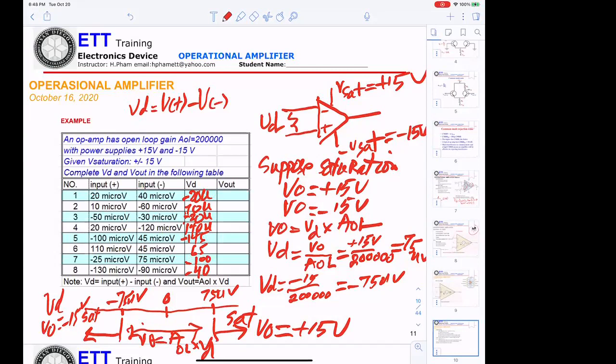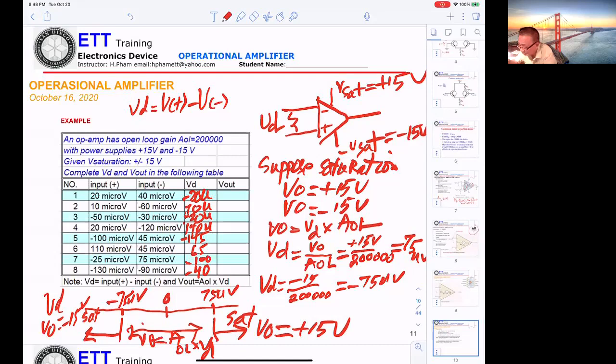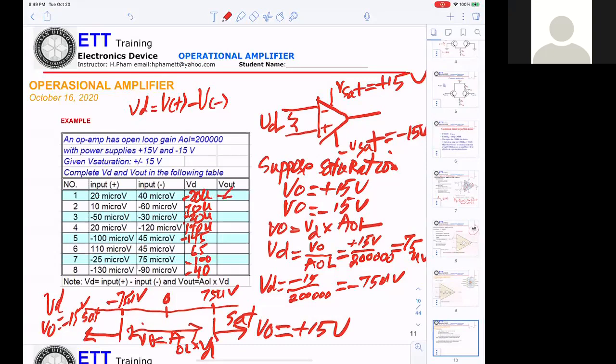But for VD, we already got the VD in those columns, right? VD minus 20 microvolt. That's what we already gave you. Minus 20, right? Minus 4 volt. Okay, minus 4 volt. That's correct.